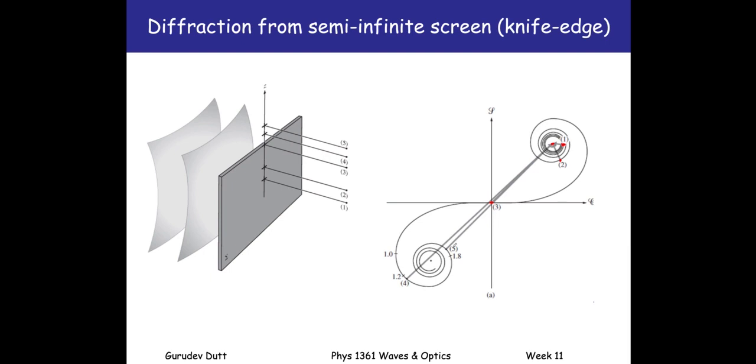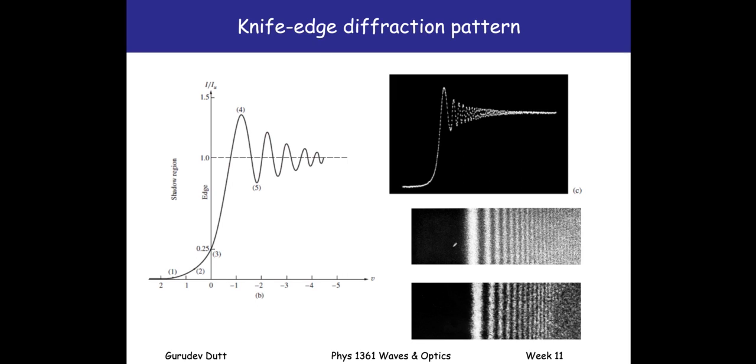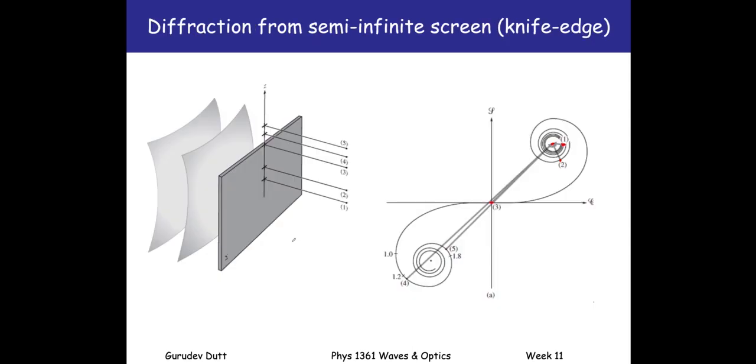So that is what we expect from the knife edge or semi-infinite pattern, and that is indeed what we see. You can see here the edge over here, the point 3 corresponds to a quarter, which you can see here as well.